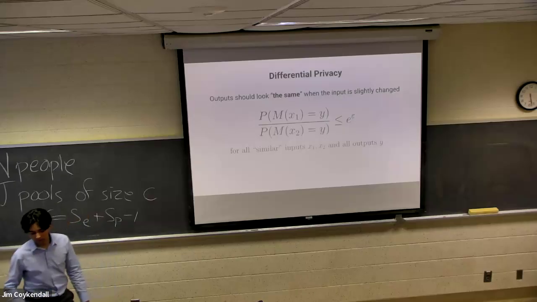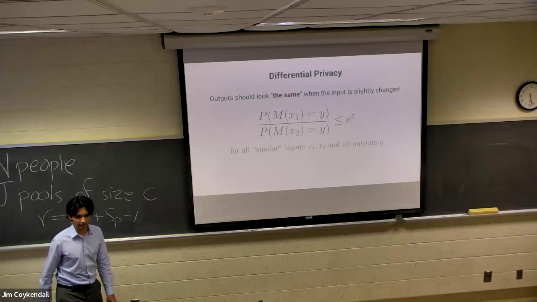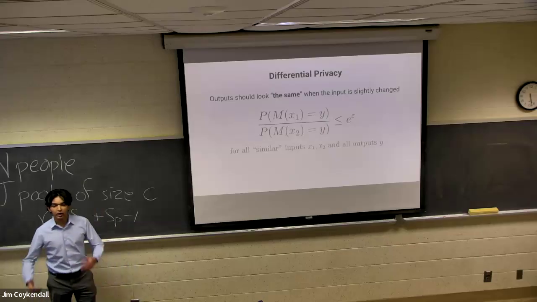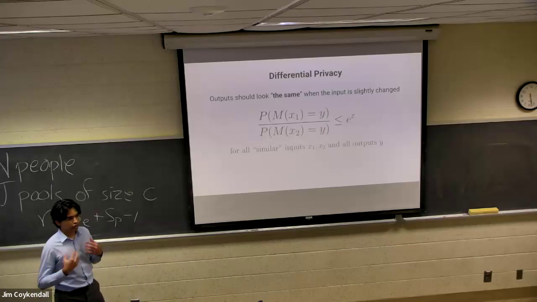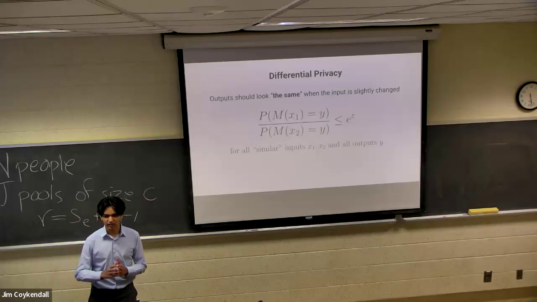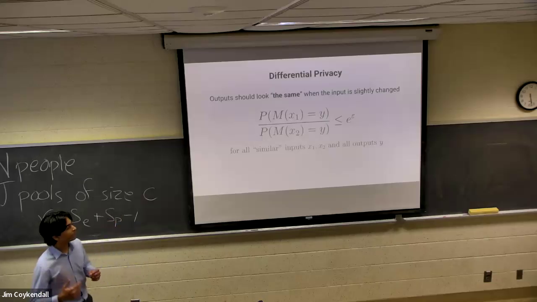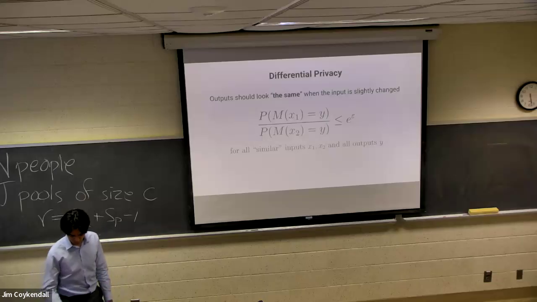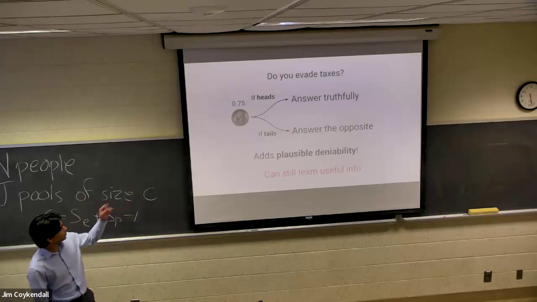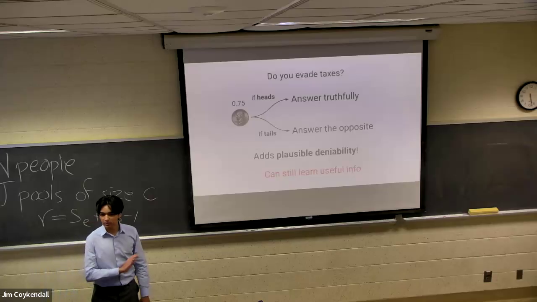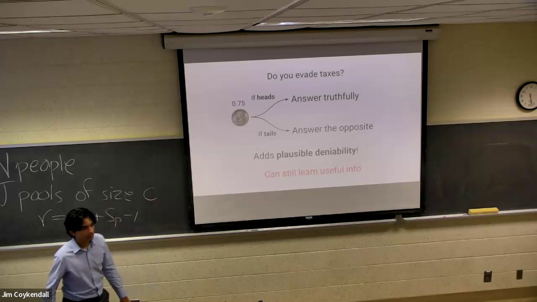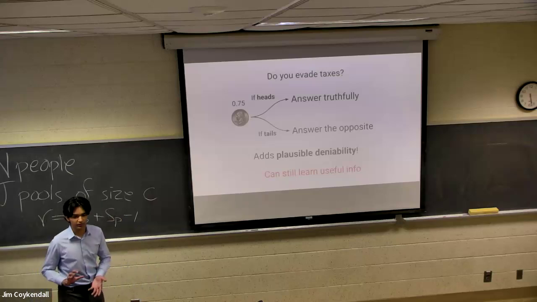And the metric to quantify this is called differential privacy. With differential privacy, you say that the outputs I observe should look about the same, given a small change in what the person answered. So here, whether the person evades taxes or doesn't evade taxes, the output of their answer should probabilistically look about the same.